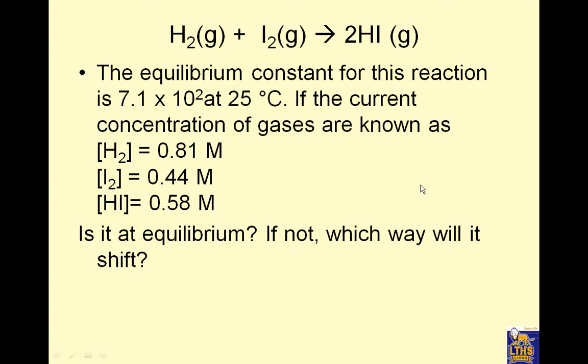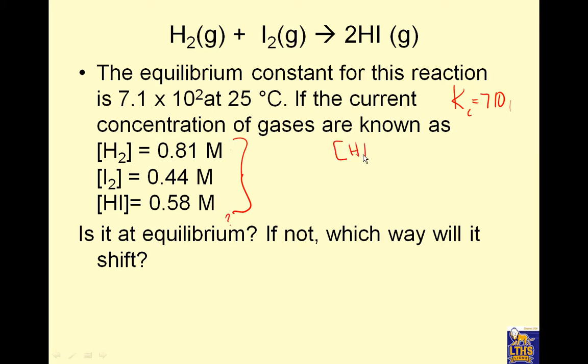So let's practice one. Oh, look, it's an equilibrium constant. They're just telling us that the equilibrium constant is 710. Okay, look, no units. That's okay. We know at the moment in time we're looking at the reaction that these are the concentrations of the things in the reaction. So question 1, is it at equilibrium? Well, let's see.